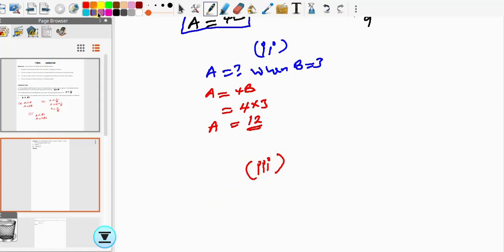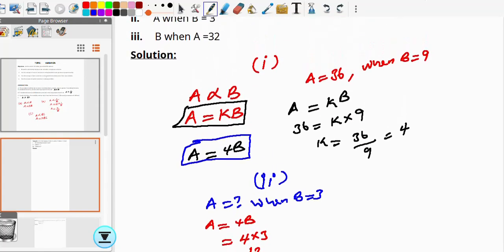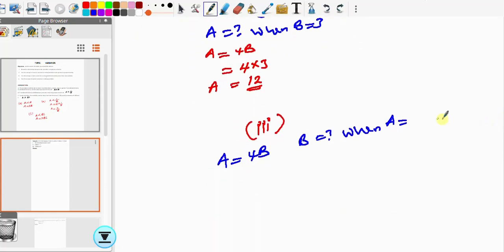Now we are using the formula, which is A equal to 4B. So now we are looking for B when A is equal to 32.